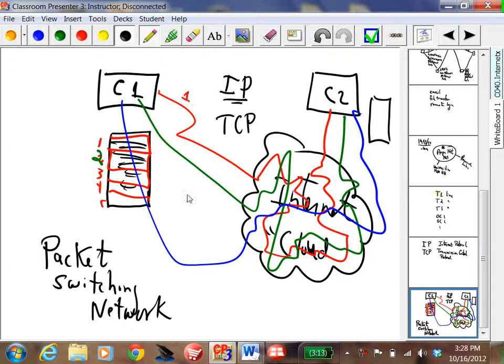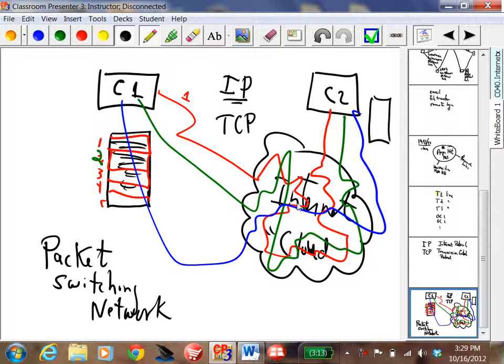This notion of a packet switching network was actually created by a professor at the University of Hawaii. Now, why do they do that? Why don't they just send the whole thing? The reason for making the internet a packet switching network is to utilize all of the parts of the internet equally.